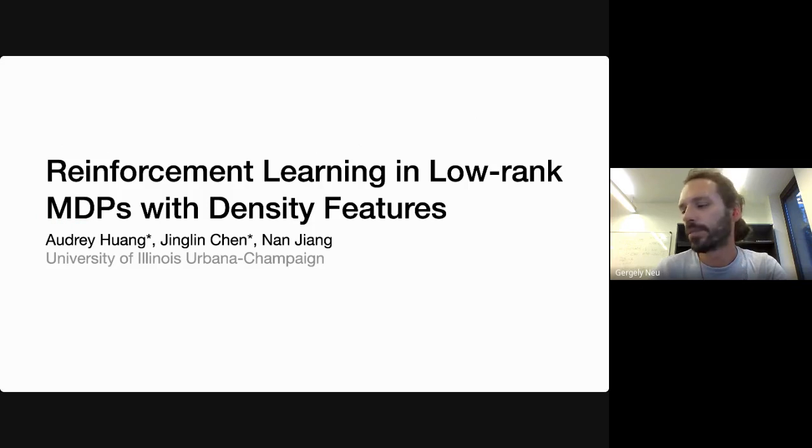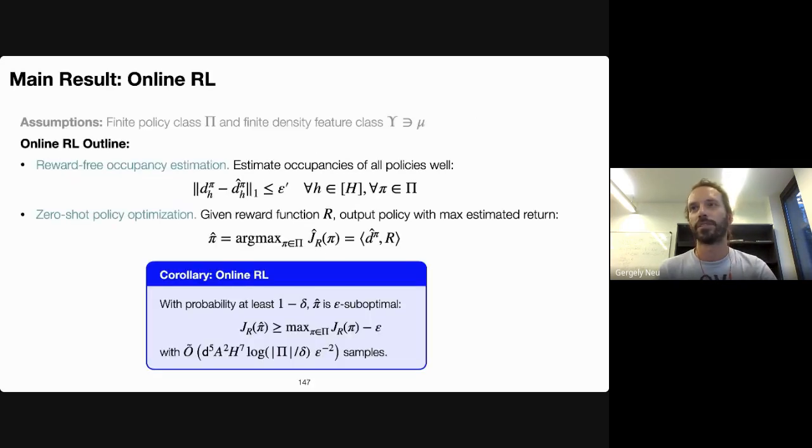So I have sort of first a kind of high-level question, which is, this whole method is based on estimating occupancies in an L1 sense, which seems like a strictly harder problem than directly estimating the rewards, right? Because it really says that you're trying to estimate the occupancies, or the expected rewards rather, under every possible reward function.